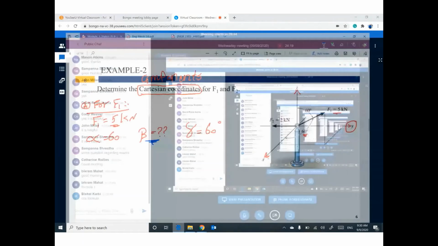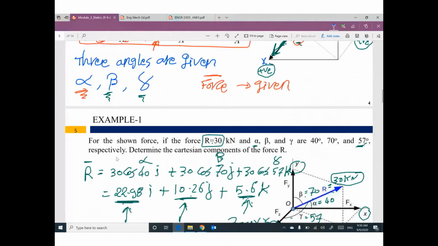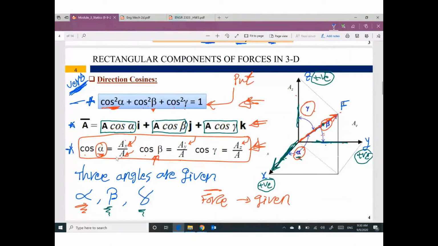We have here, this relationship is very important. If two angles are given, I can figure out the missed third angle. Let's see.